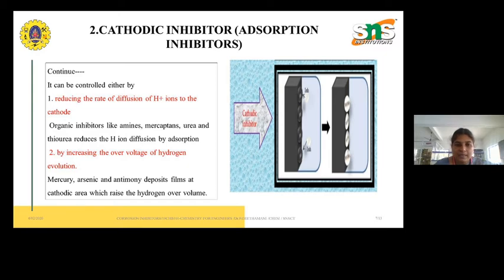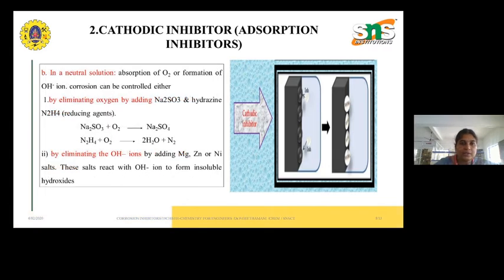In the second case, we use other metals added to the same environment. These metallic substances are coated over the original metal which needs to be protected. So in these two ways, we can prevent the evolution of hydrogen gas.